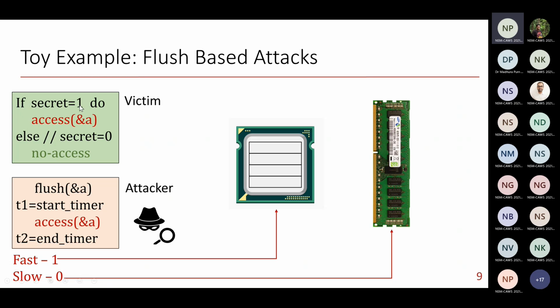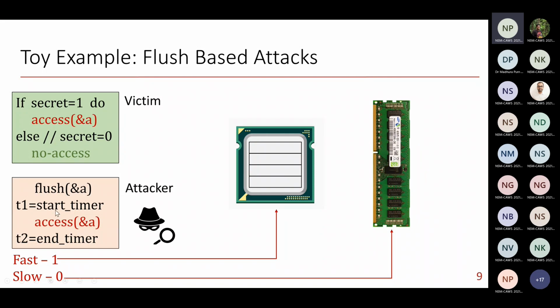If there is a secret bit 1, then the victim accesses some address, otherwise it doesn't, right? So the attacker will use an instruction called CLFLUSH. The meaning of CLFLUSH is that you flush the content of a cache line from the entire cache hierarchy. Okay. So the attacker has flushed the address.